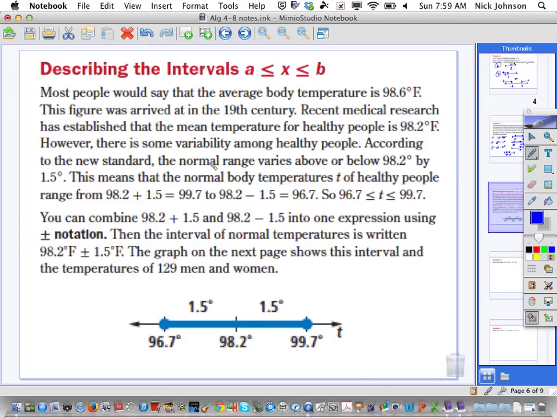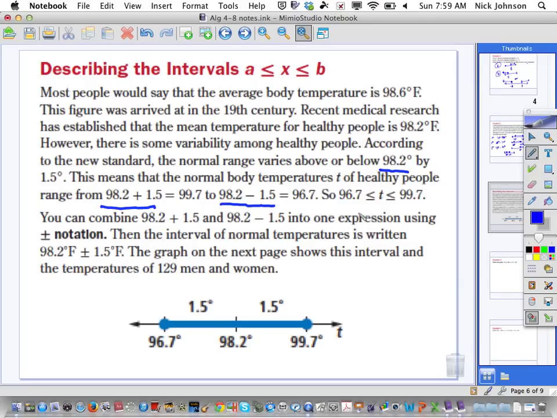According to a new standard, the normal range varies above or below 98.2 by 1.5 degrees. So what this means is 98.2 plus 1.5 and 98.2 minus 1.5. That interval in there, people are safe, okay?